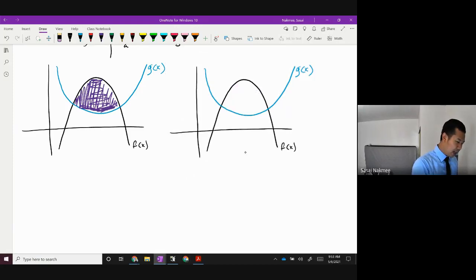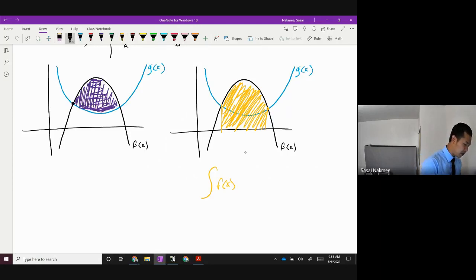If I were looking at just f of x, and I was only looking at it from here to here, it would give me this total area right here, wouldn't it? Just for simplicity's sake, let's say where they cross, this is 1, and this is 3.